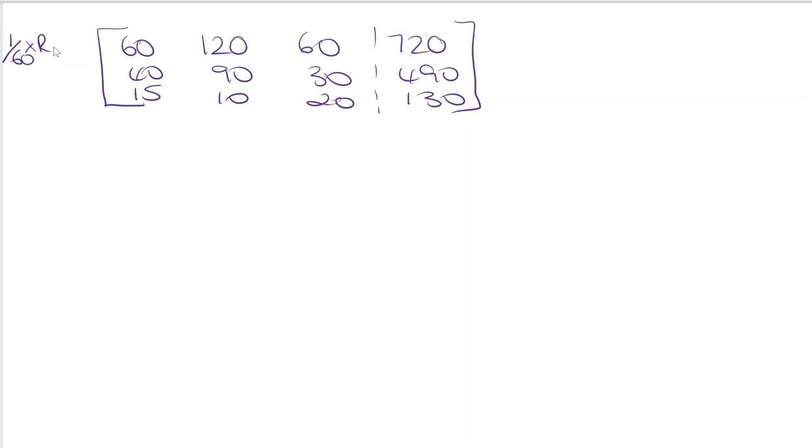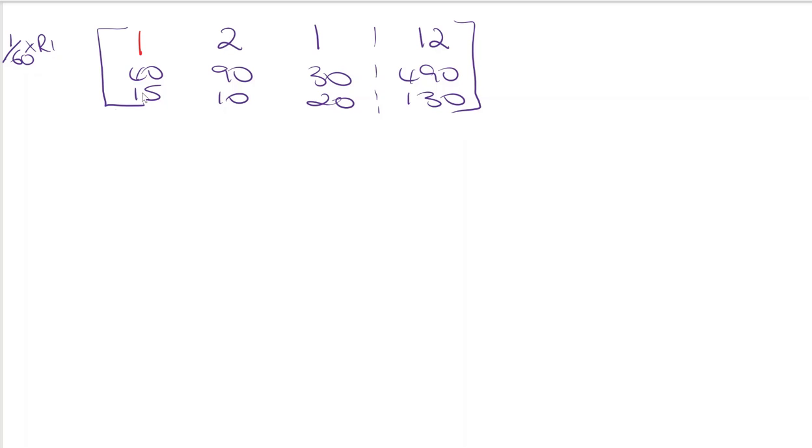So a 60th times row 1. So this 60 will become 1. The 120 is going to become 2. This 60 will become 1. And the 720, if we multiply by a 60th, this will be 12.